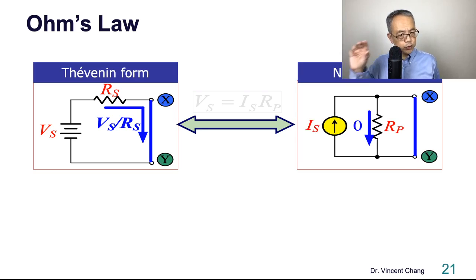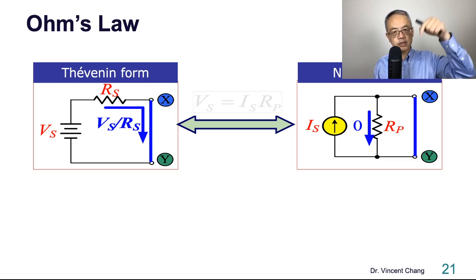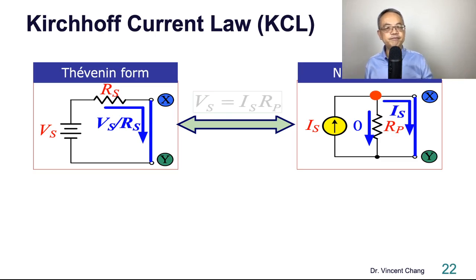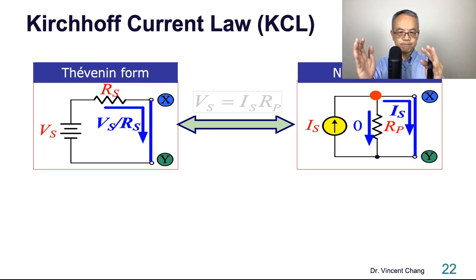Because the output is short circuit, there's no voltage drop across Rp, so no current going through Rp. So the Is will totally contribute to the output.